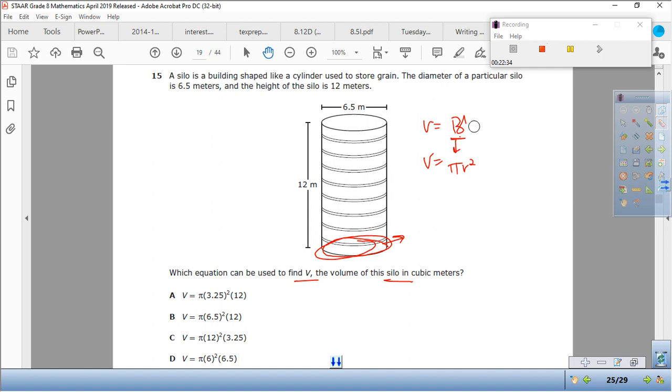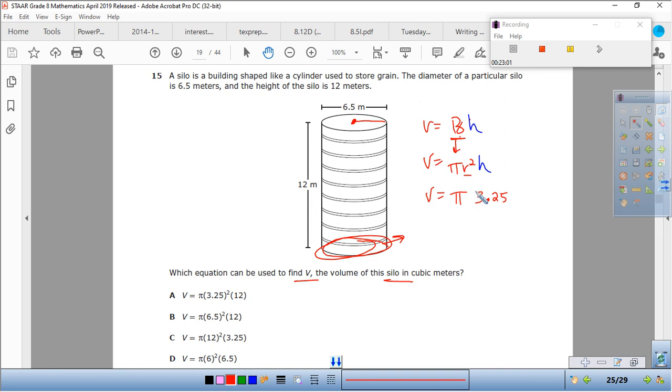And I still bring BH, right? So it's still H. And just plug in the numbers. Pi is pi. Radius is the distance from the center to the circle itself. So half of 6 is 3. Half of 0.5 is 0.25.